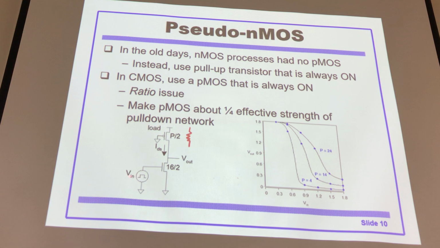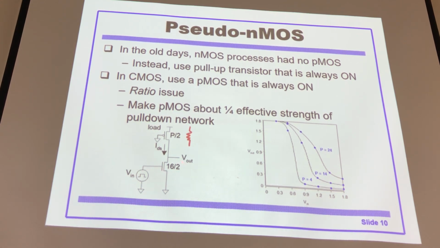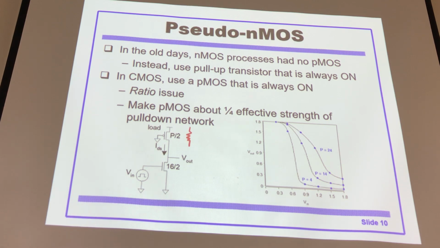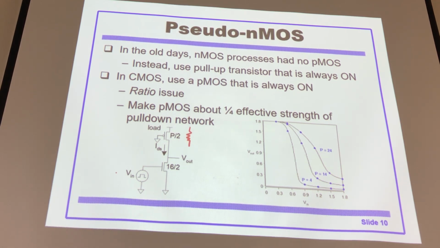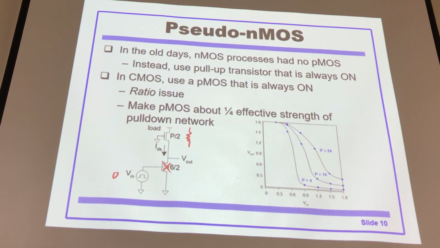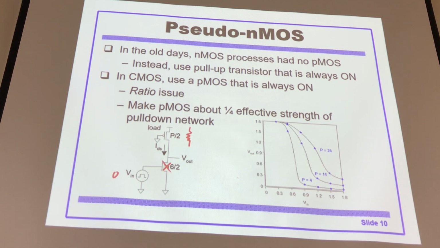When the input is low, the NMOS transistor is off, not connected. So there's no current, or almost no current, going from VDD to ground.